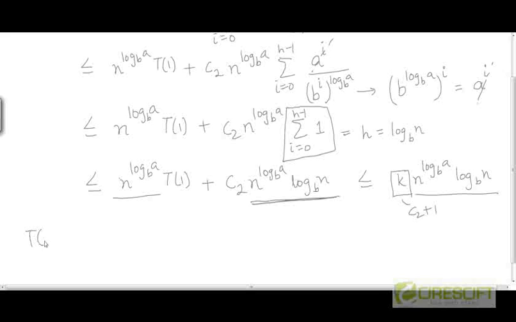So we can say that T of n is big O of, sorry, I should have written the other term first. n to the power log of a base b multiplied by log of n.